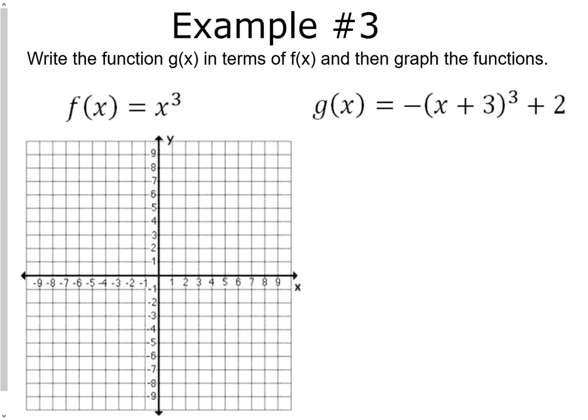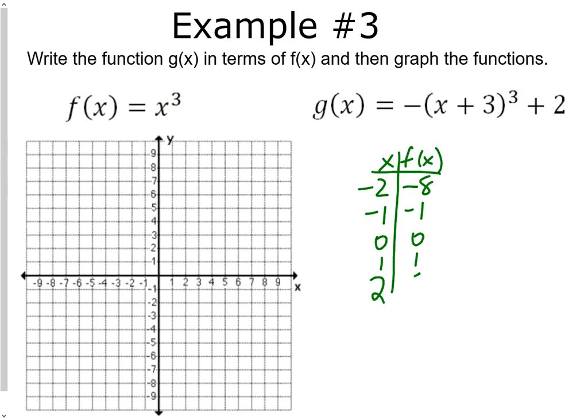Okay, so let's take a look at the cubic graph. So if I take a look at the cubic graph, we have x and f of x. And again, it's -2, -1, 0, 1, 2, which is going to give me -8, -1, 0, 1, 8. This is our snake graph. Do you remember that?